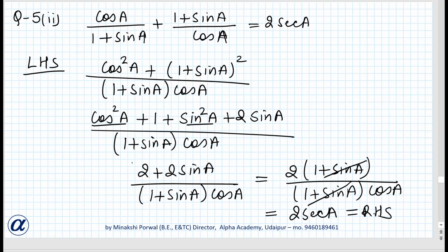Is it clear? Just type Y in your chat box if you understood this question.